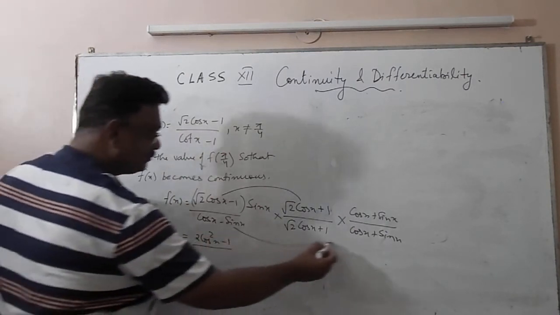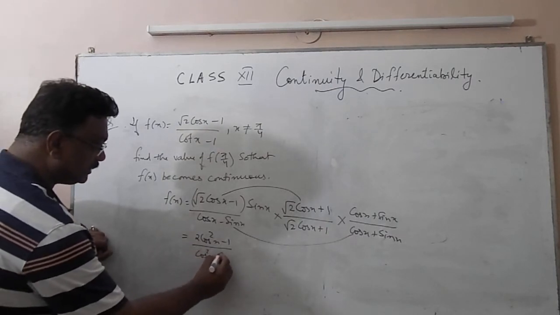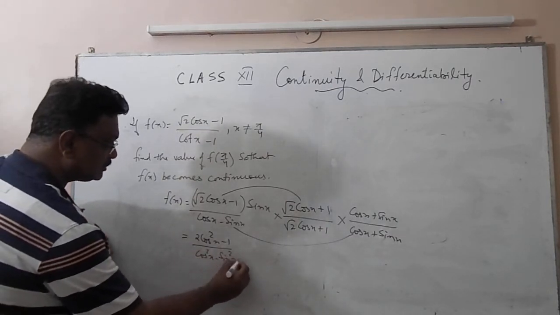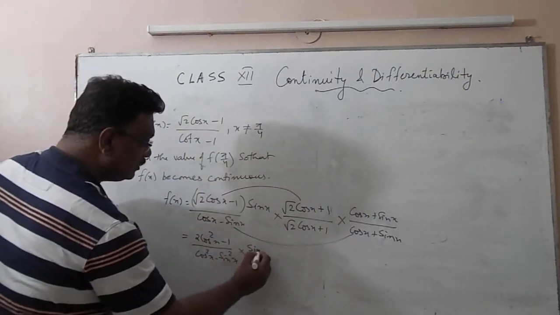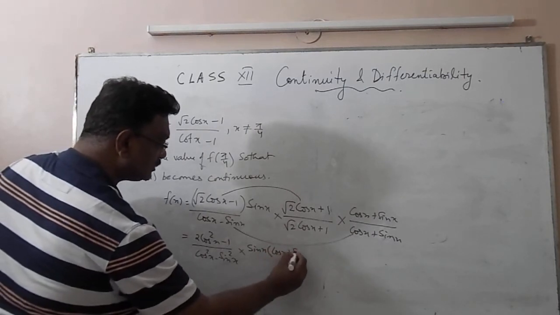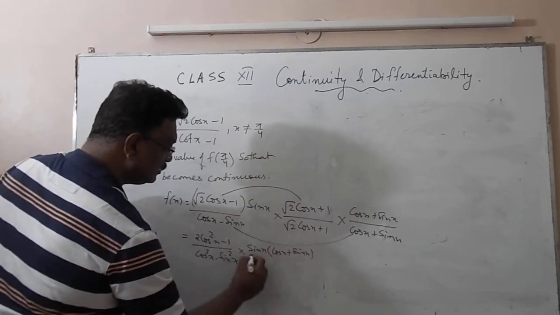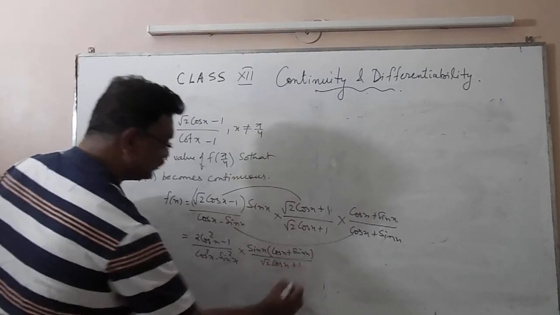And these two will club together to give us cos square x minus sine square x. What are we left with? We are left with sine x into cos x plus sine x divided by root 2 cos x plus 1.